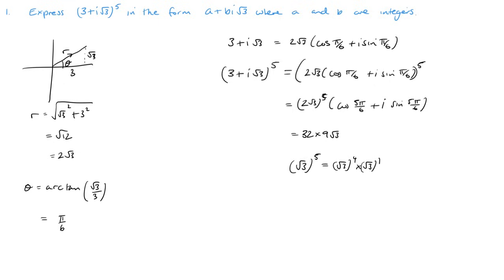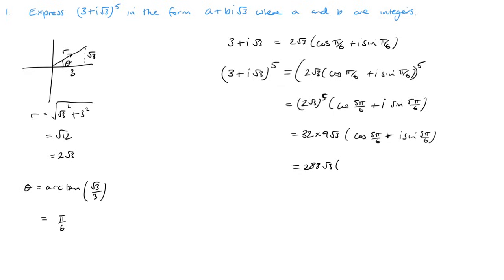Okay, so that's what I've done there. And that then is cos 5 pi by 6 plus i sine 5 pi by 6. So this is 288 root 3.